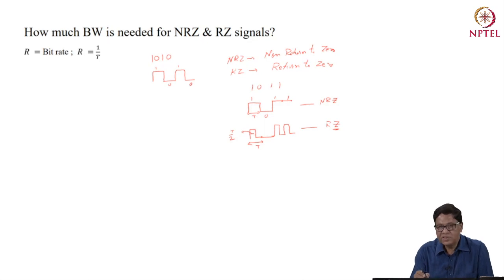If I see the principal sinusoid component here, if you Fourier analyze, there will be different frequency components, but the principal component will be something like this. This is in case of NRZ.